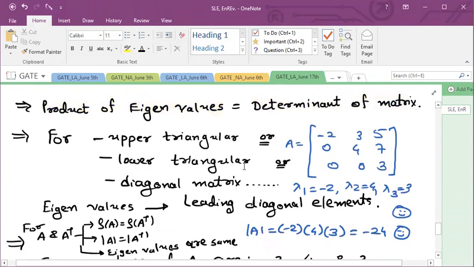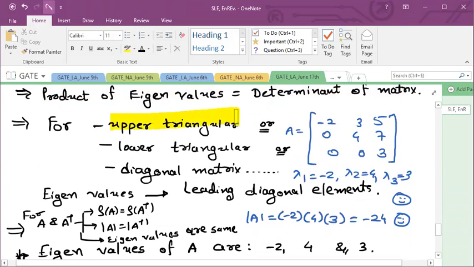And we all know that for an upper triangular matrix, lower triangular matrix, and diagonal matrix, the determinant is the product of leading diagonal elements. But let me tell you one thing, these leading diagonal elements are nothing but eigenvalues only. So for upper triangular, lower triangular, or diagonal matrix, their eigenvalues are the leading diagonal elements.